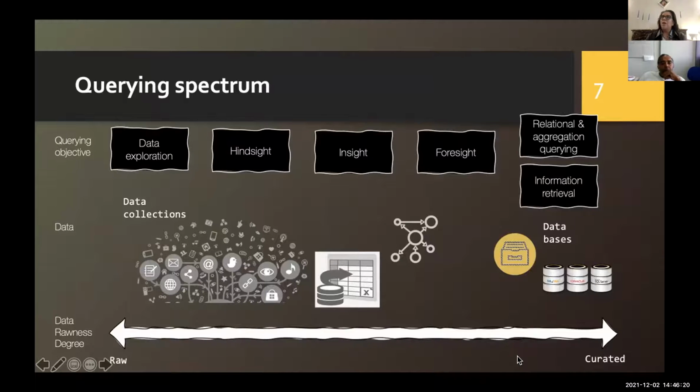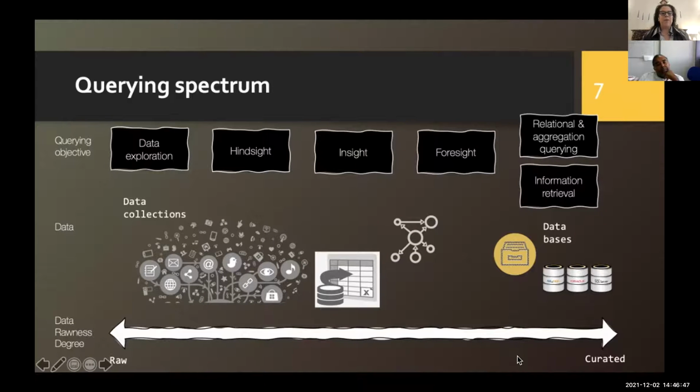Now, if we zoom in on data, what we really have to think about is what questions we are going to ask. And if we think about questions, the type of questions that I can ask on top of data depends on the level of curation that my data have at some point.